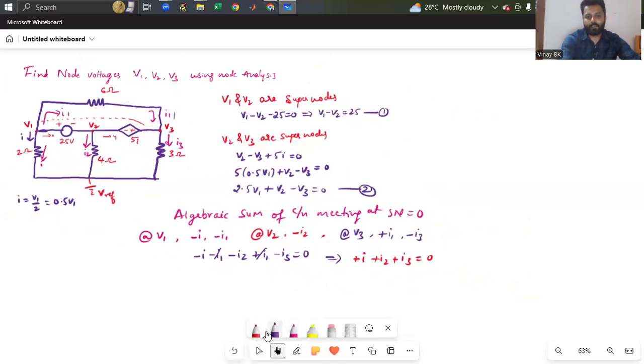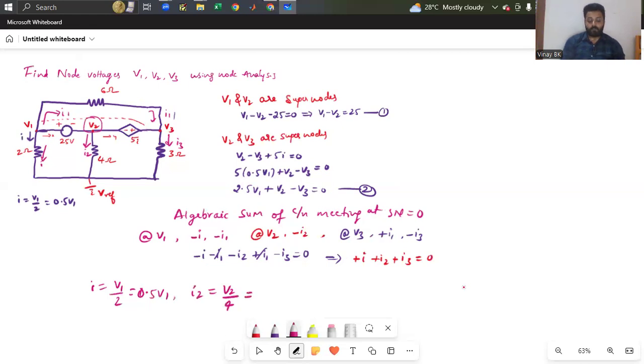So now I will write here. This I is already written. So I is V1 divided by 2, that's nothing but 0.5 V1. Similarly, I want I2. You can see I2 with respect to V2 here. So I2 is given by V2 divided by 4.